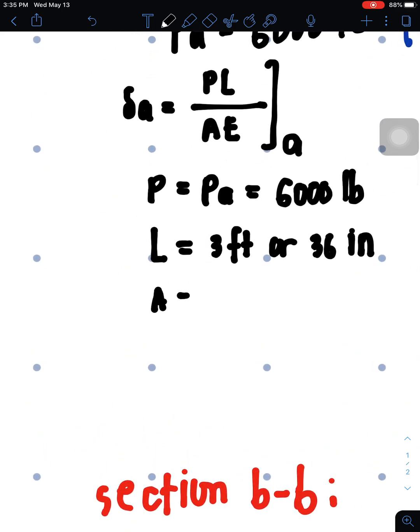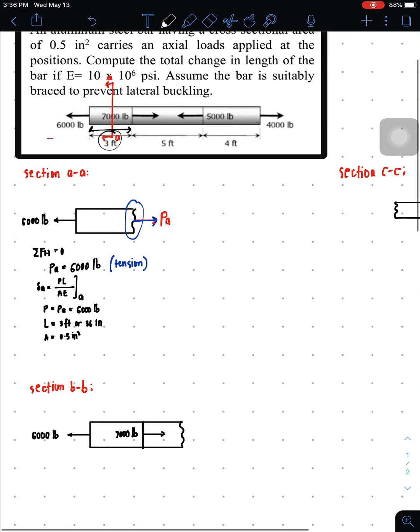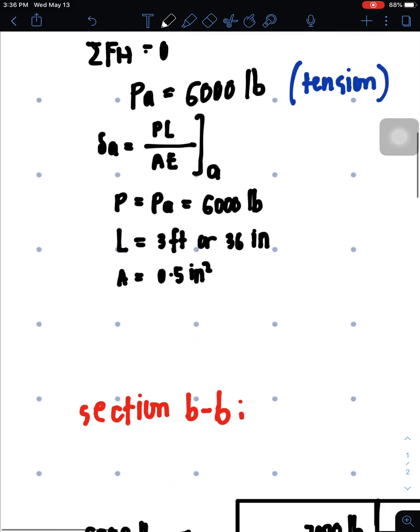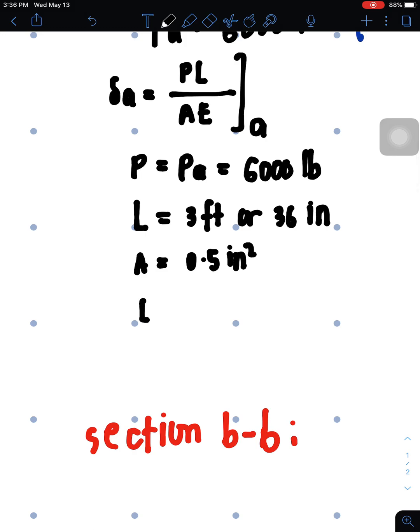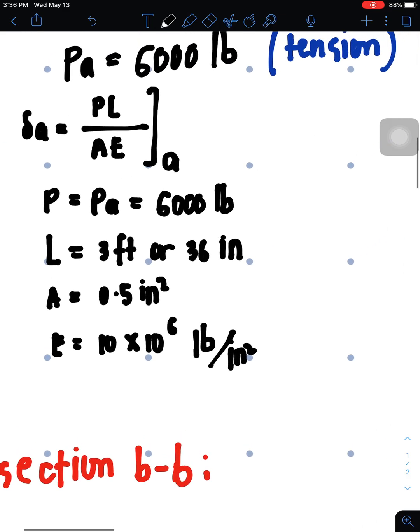The area is 0.5 square inch, and it is actually uniform from the left end to the right end. The modulus of elasticity is 10 times 10 to the 6 psi, or pounds per square inch.